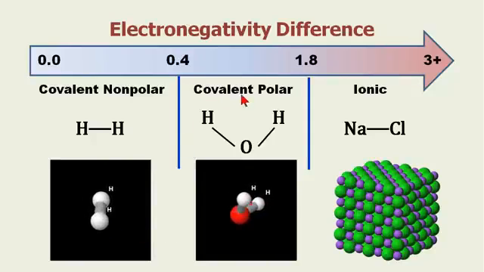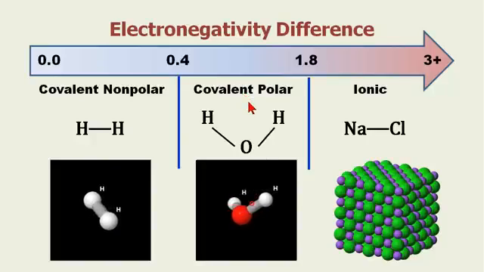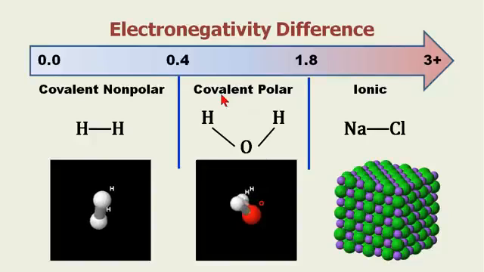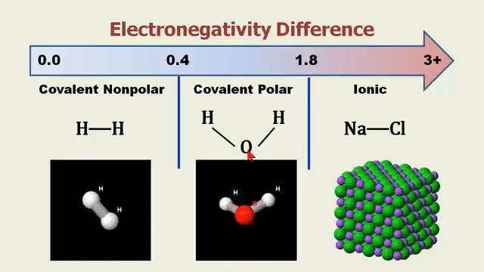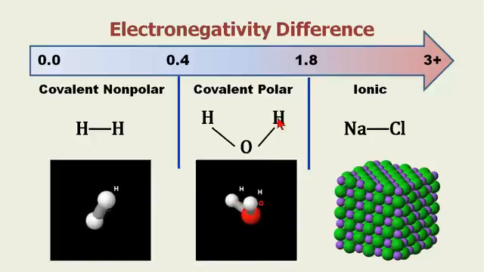And then let's go to another very important example, water, which is considered a polar covalently bonded compound. That just means that the electrons like to spend more time around oxygen than the hydrogens. The oxygen electronegativity value is higher than the hydrogen.